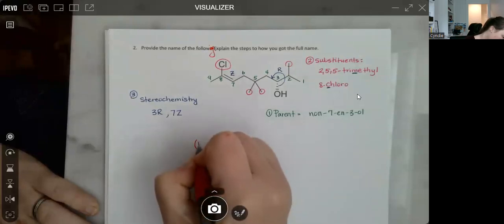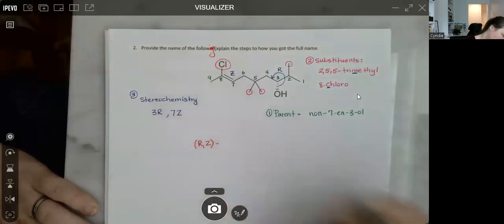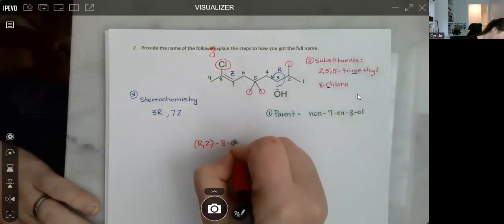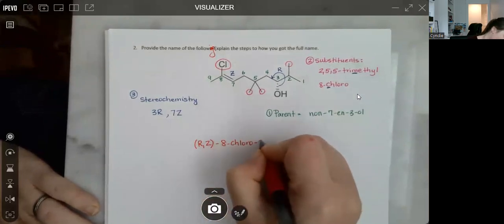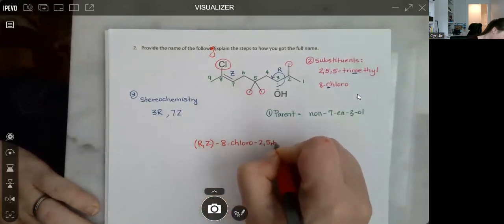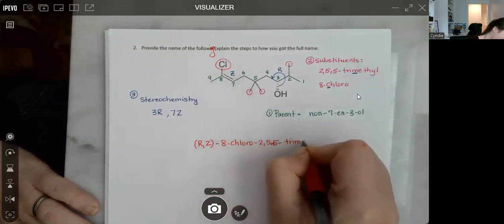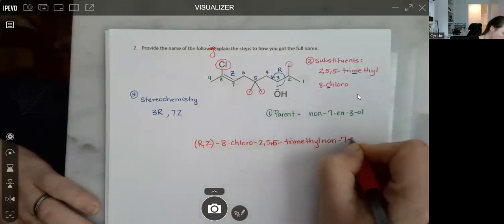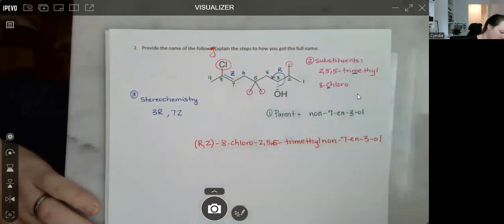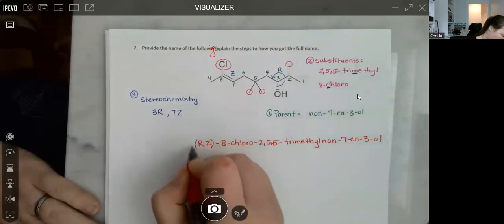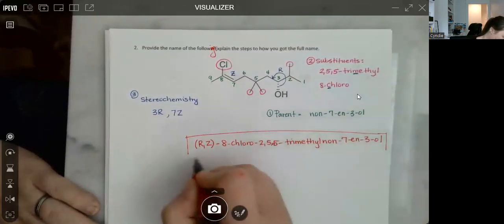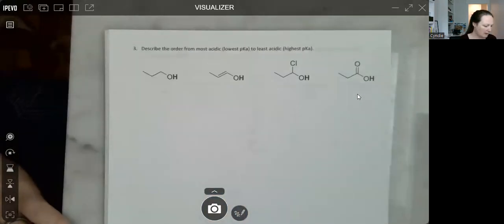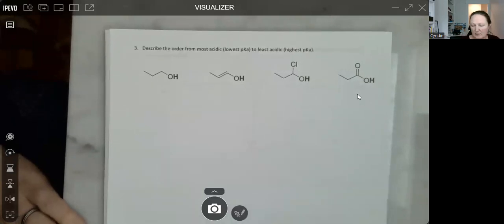We could do RZ, and then we come over here to our substituents, 8-chloro, 2,5-trimethyl, and then non-7-ene-3-ol. We'll put a little box around our final answer. All right, let's move on to the next question then.